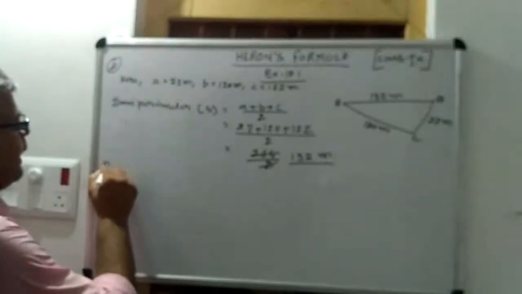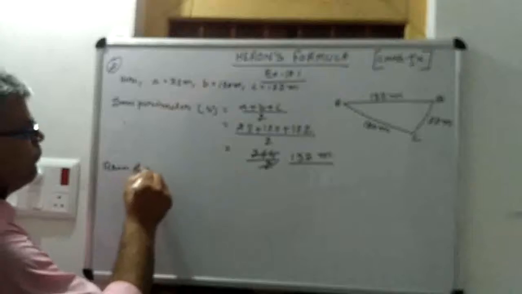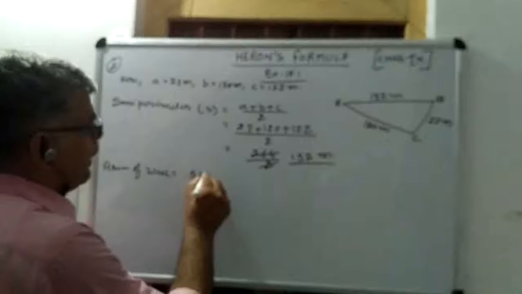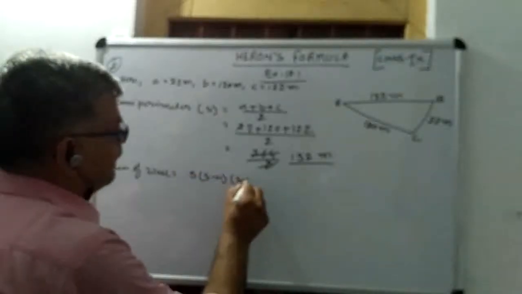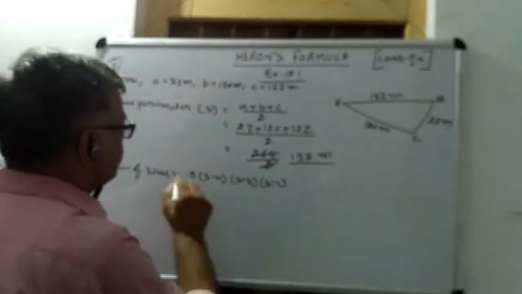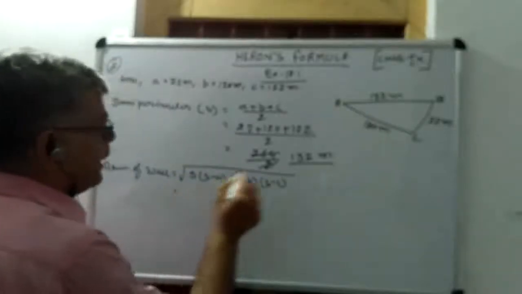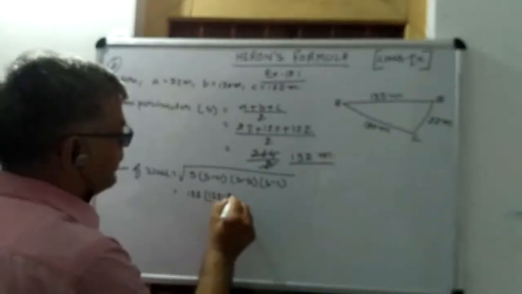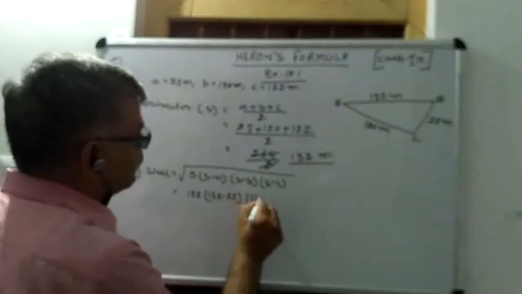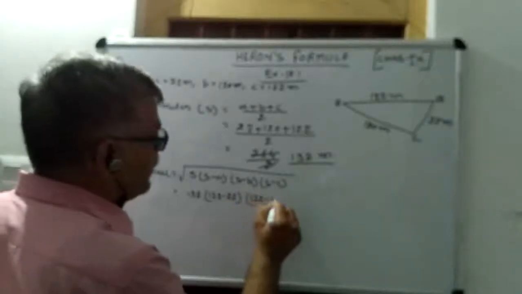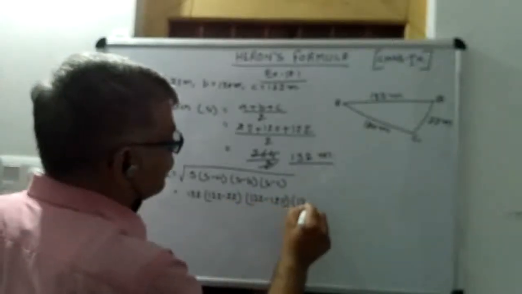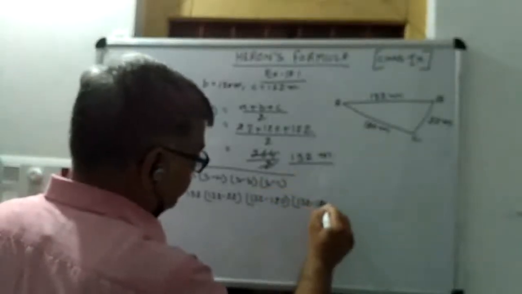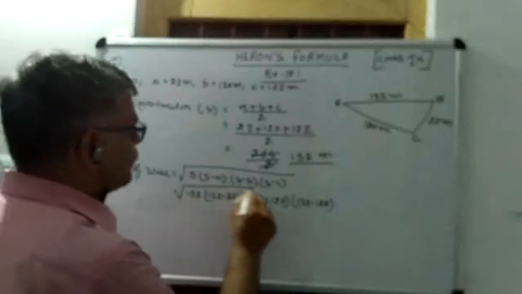Now you need the area of the wall. Area of wall equals, again you apply Heron's formula, square root of S into (S minus A) into (S minus B) into (S minus C). Here your S is 132 into (132 minus 22) into (132 minus 120) into (132 minus 122) under root.